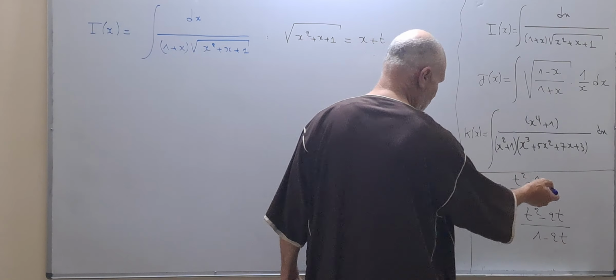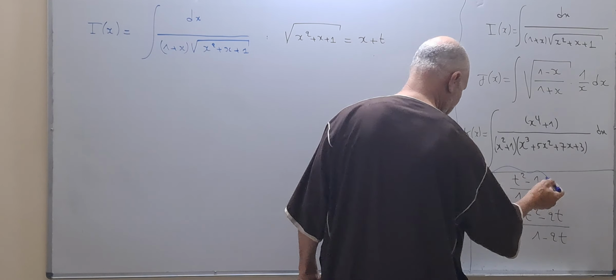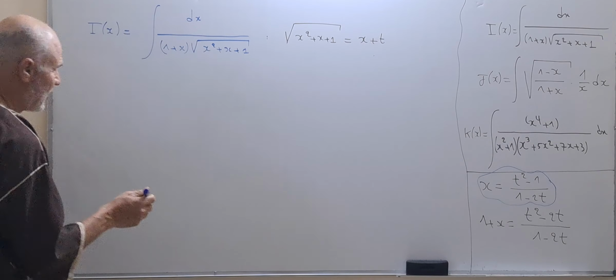x equal to t squared minus 1 over 1 minus 2t. Let us check for dx.